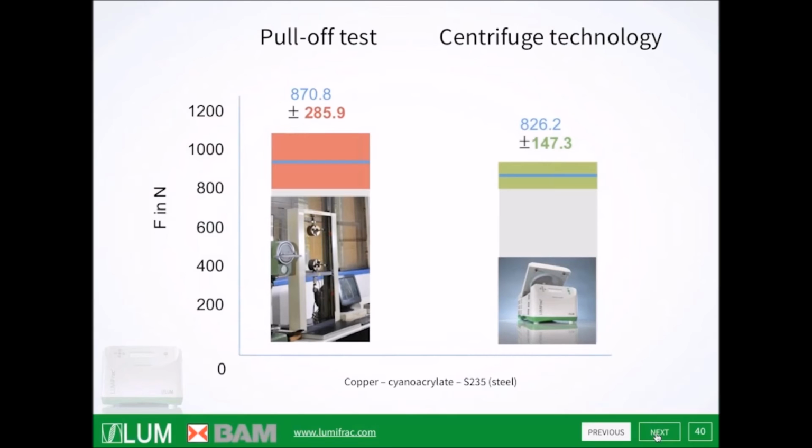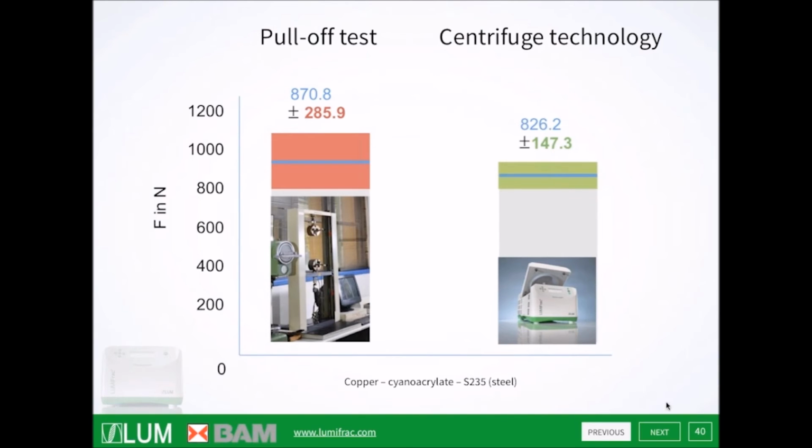What you can see here is that in principle the mean values are about the same, and we have standard deviations, quite usual for a pull-off test, of about 20-30%, which with all our experience are mostly a little bit lower if we run the system on the centrifuge. This may be due to the fact that we don't have any shear force applied to the joint.